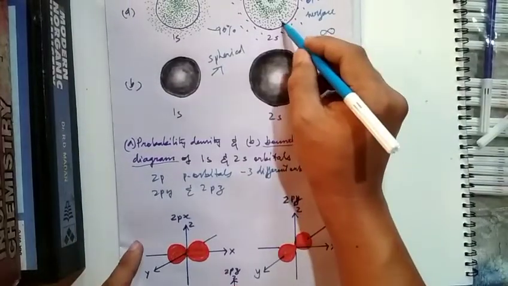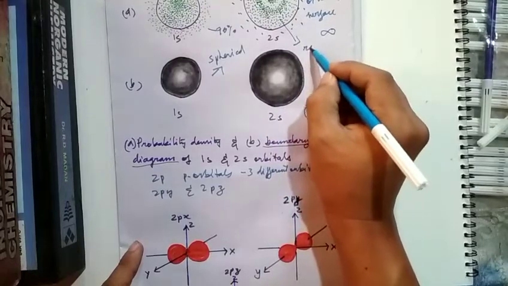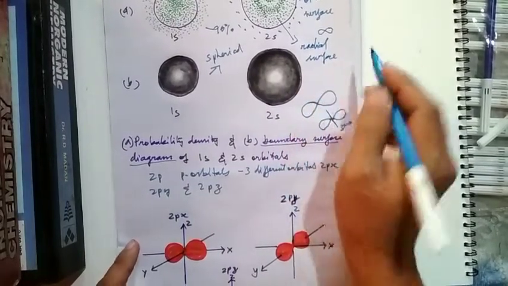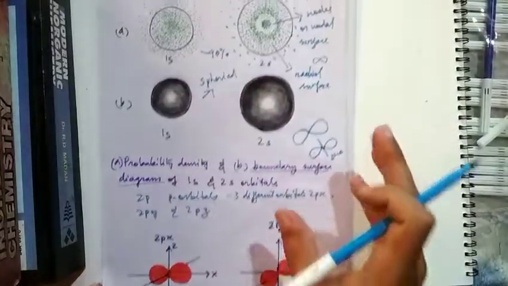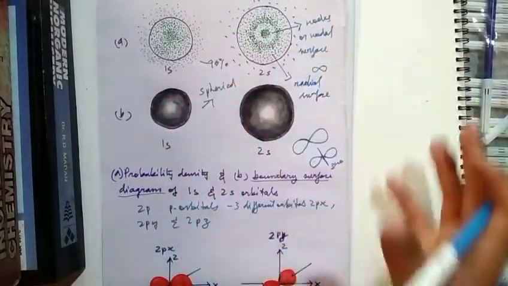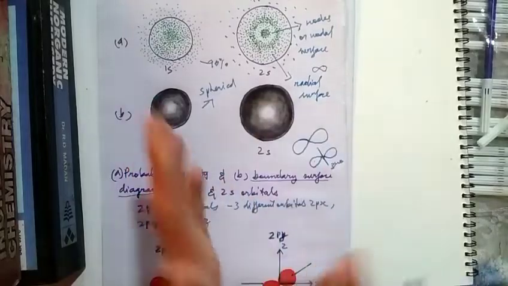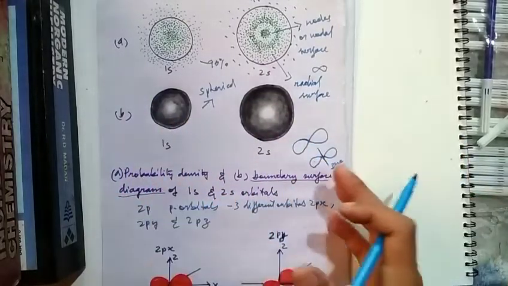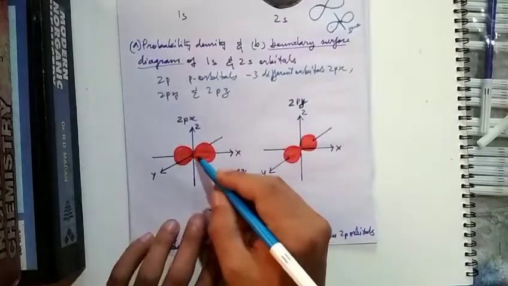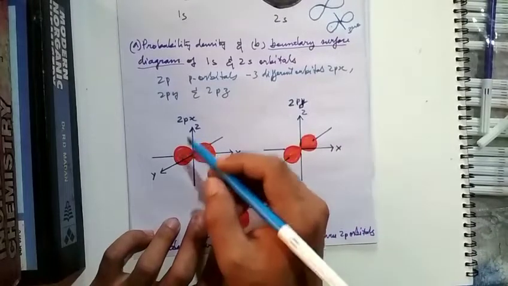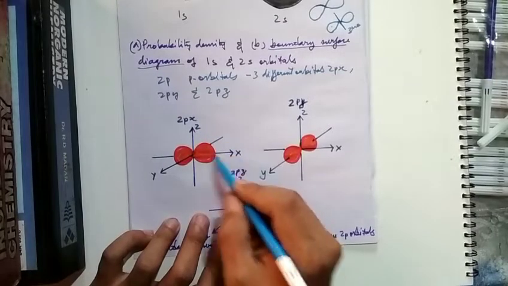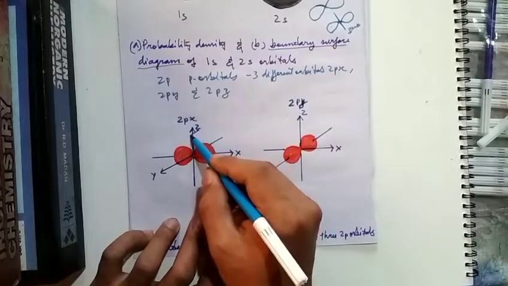So we call this surface a radial surface, because they are uniformly distributed in 3 dimensions, in spherical shape. Now for this case, since it is along the x-axis, we can draw a plane along the z-axis and y-axis.